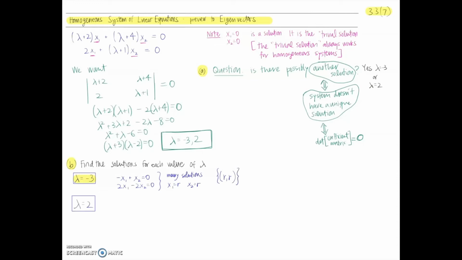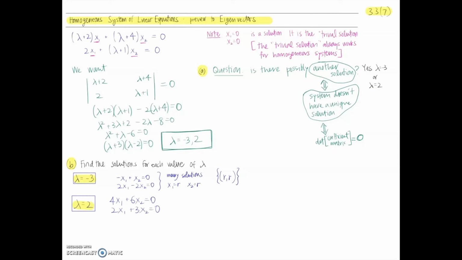If lambda equaled 2, what would the system of equations look like? That would be 4x1 plus 6x2 equals 0, and then 2x1 plus 3x2 equals 0.